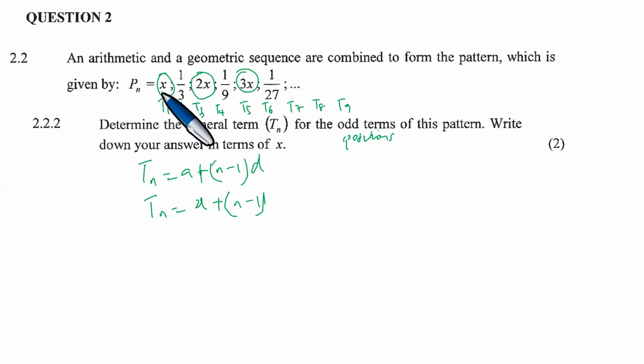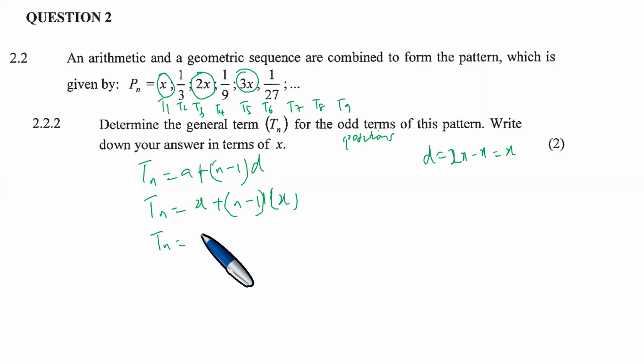will be x, T1, T3, T5, and so on. And the common difference between those is 2x minus x. 2x minus x is only x, so which means the common difference is going to be x. Right, so we continue.